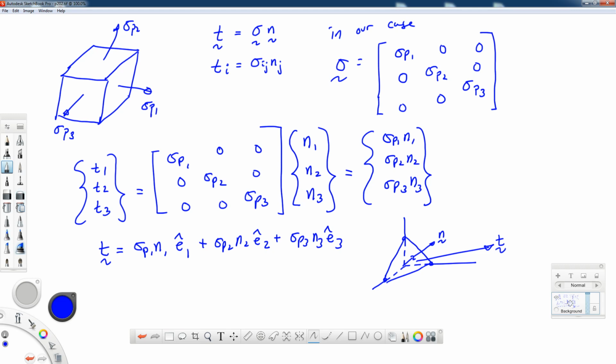Schematically, if I were to draw this, this component would be the portion of t that's parallel to the unit vector n. And at right angles to that, I would have this component, the portion of t that is perpendicular to the unit normal n, that still adds up to be a resultant of my traction vector t.